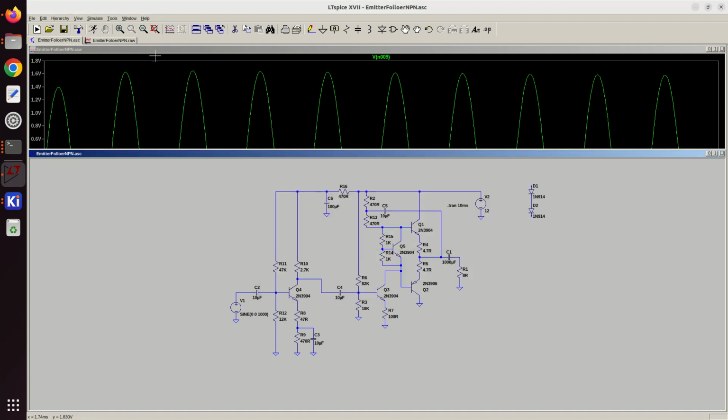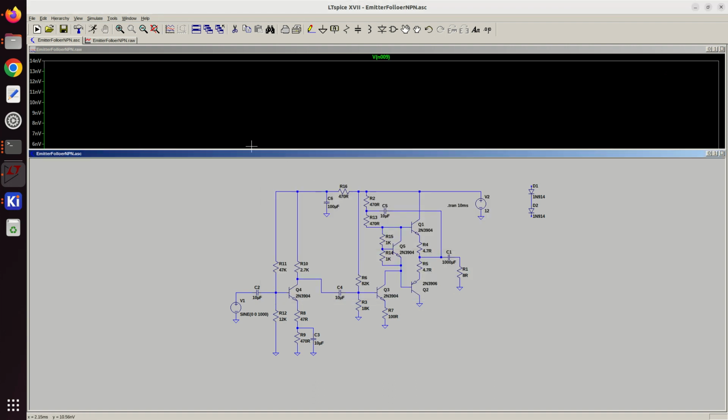So but at this, let's re-simulate. So where are we really interested in looking at the output voltage? And that's 2.4, which is a bit low. The voltage there is the same.